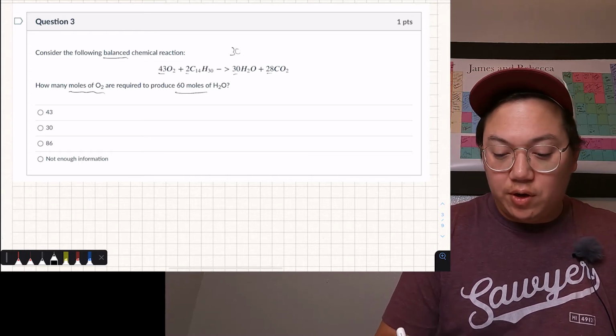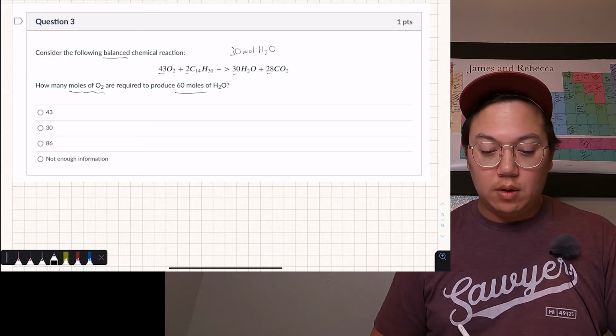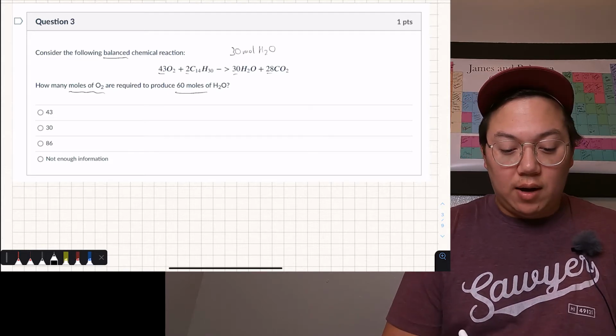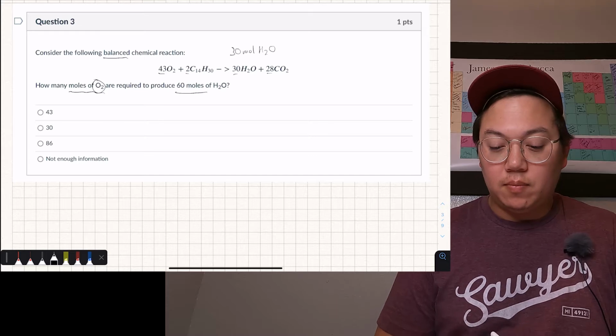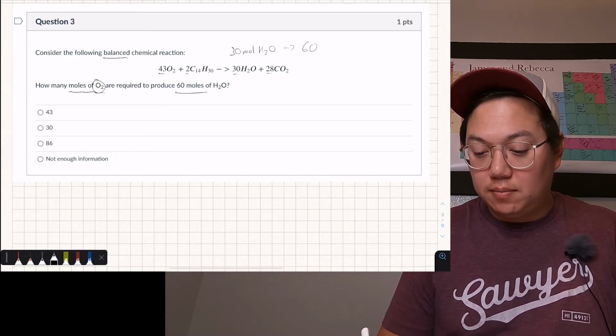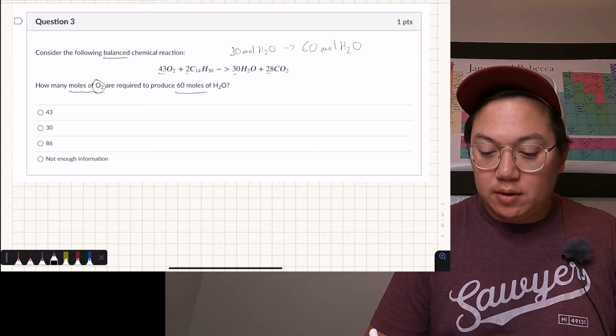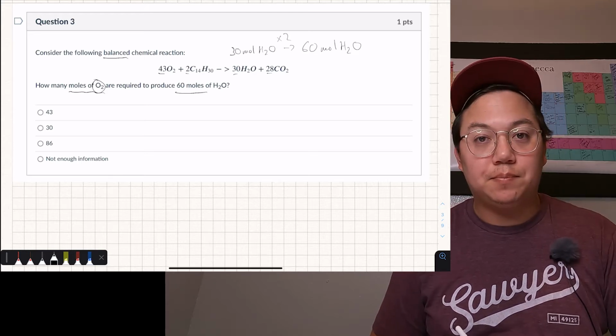So if this is 30 moles of H2O, then the quantity of oxygen that's required, because we want to go from 30 to 60, we just have to multiply by 2, right? Because 30 times 2 is 60.